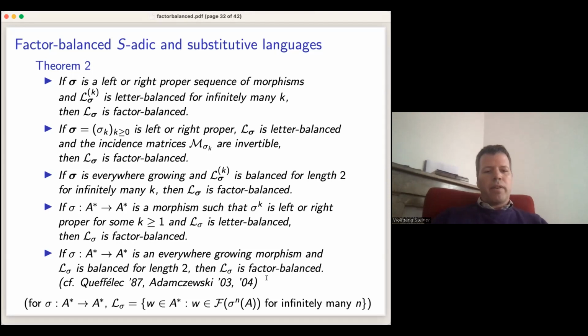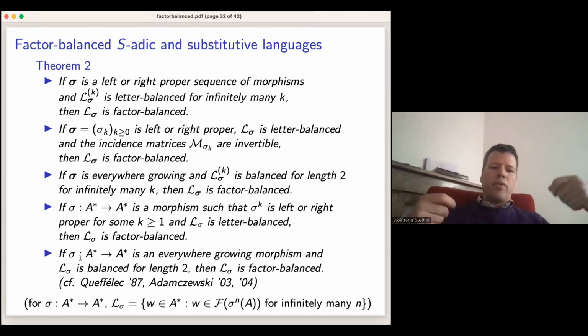For example, in the book of Queffélec and the papers by Adamczewski, they've established a relation between sigma and a substitution sigma n that works on n-codings, and they have shown that all these sigma n have the same eigenvalues except for eigenvalue 0 starting from n equals 2.